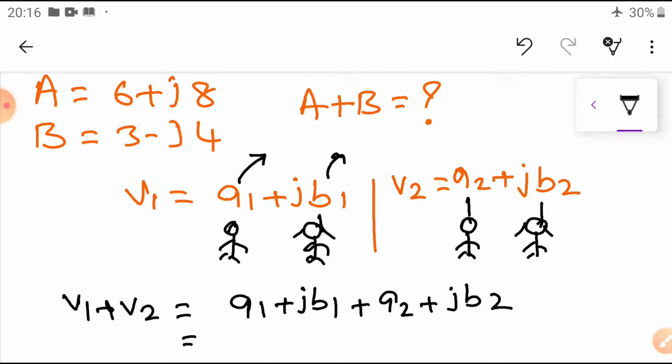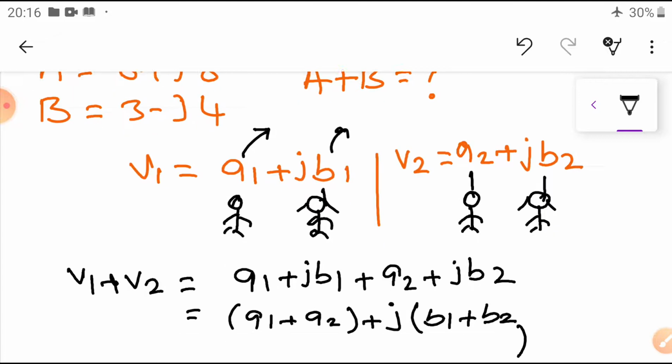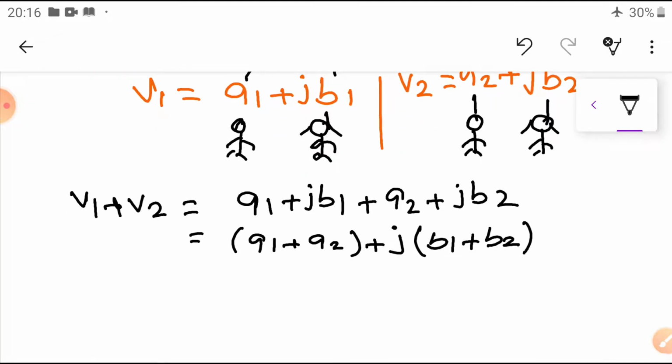So, group the boys together: A1 plus A2 are the boys, close the bracket, plus j indicates the girls. Now, where are the girls? B1 plus B2. So, this is the final equation, the resultant of these values.